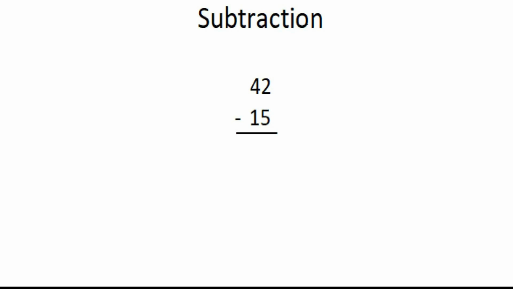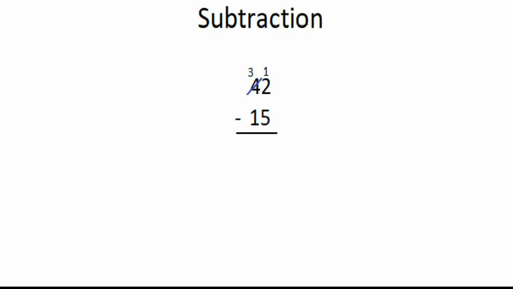To borrow 1, I'm going to cross out 4. And then 4 becomes 3. And the 3 goes here at the top. And the 1 we borrowed goes here over the 2. And we now have 12.